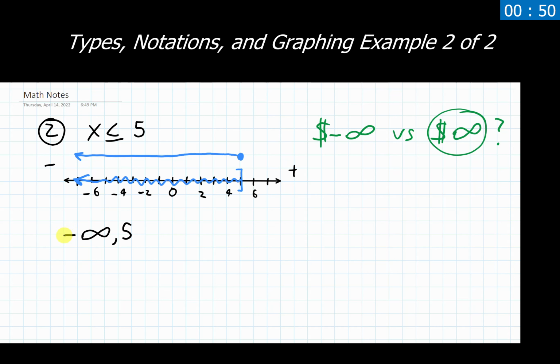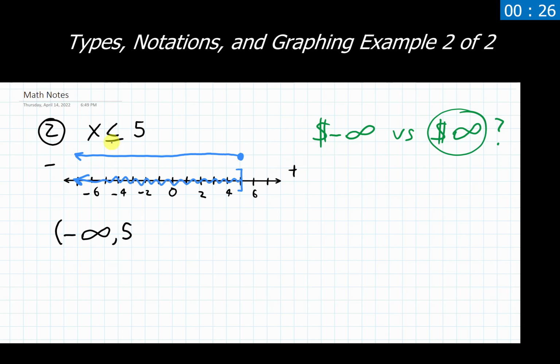Now, bracket or parenthesis around the negative infinity? Well, remember, infinity, positive or negative, always has parentheses next to it. So we're writing that in there. For the 5, is it going to have a bracket or a parenthesis? If we're unsure, we go back to the inequality. We've been told this x value is less than or equal to 5.